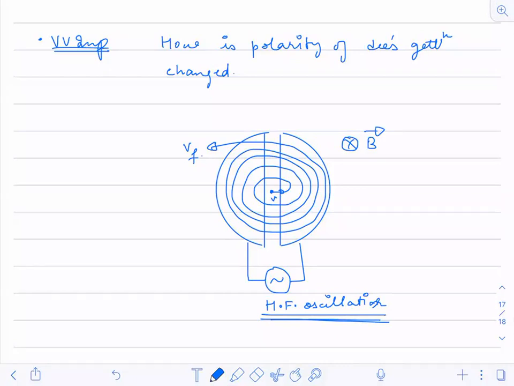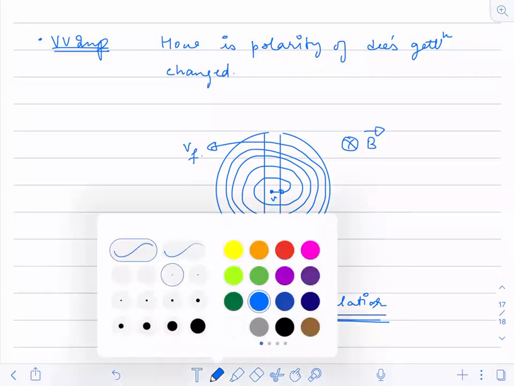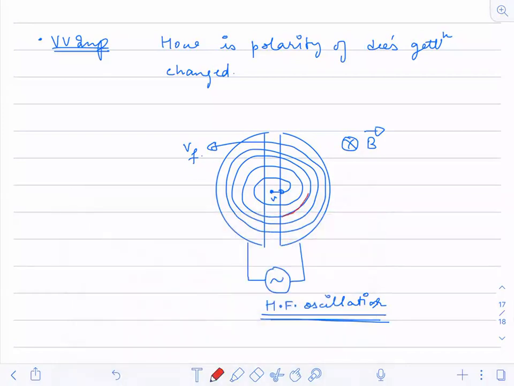If you understand this motion, starting from here to here, as soon as the particle has reached a half circle, what is happening? The polarity has to change.